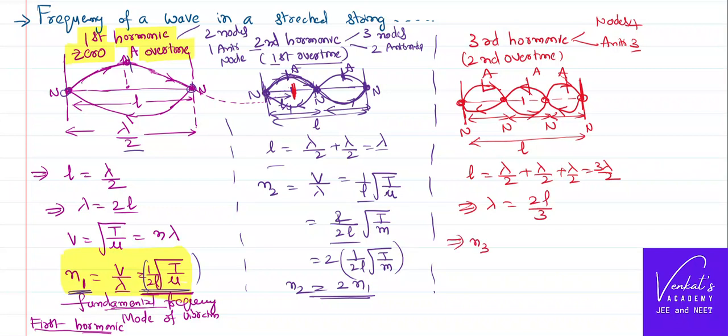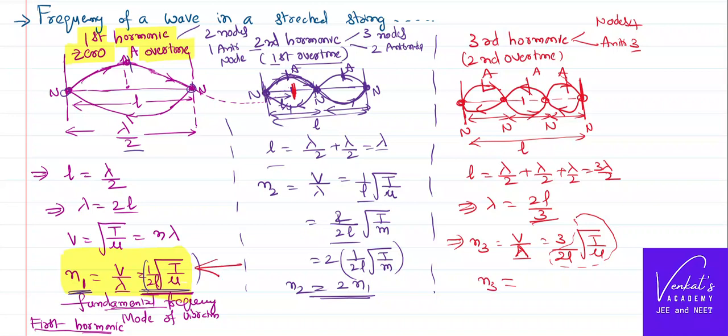That implies frequency N3 is V by lambda. V is root of tension by linear density. Lambda is the denominator, therefore it shall be reversed: 3 by 2L. If you notice carefully, this is the original frequency of the first case itself.